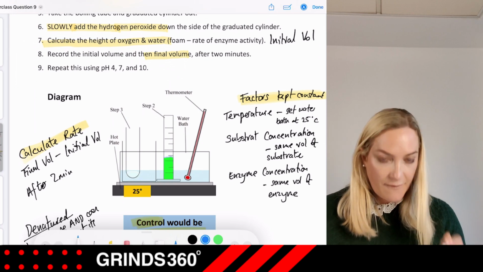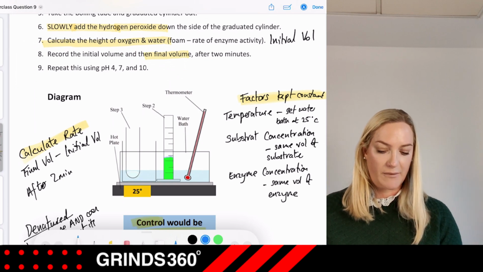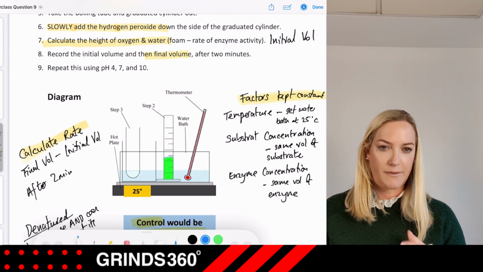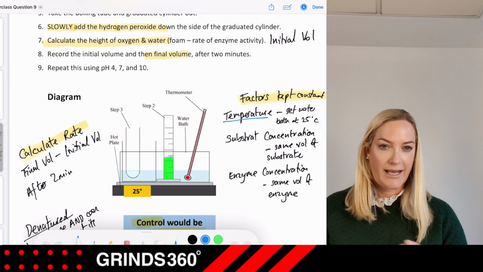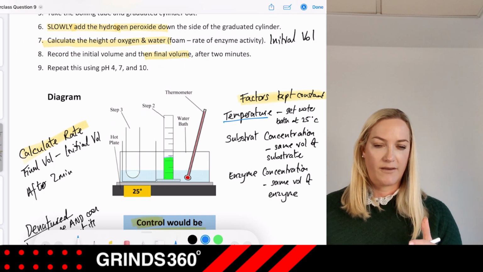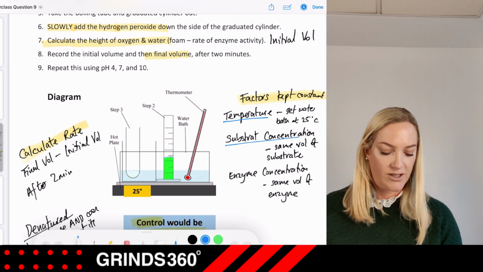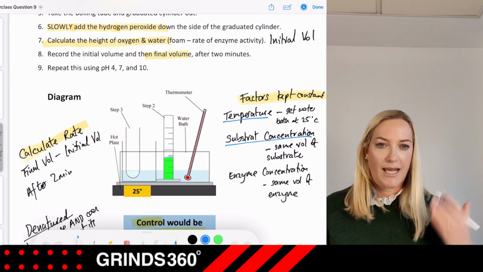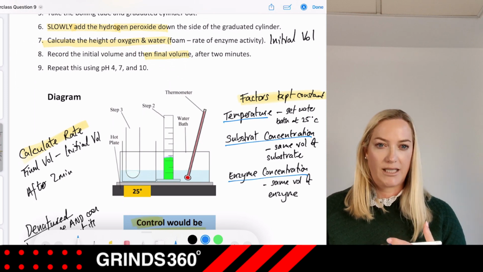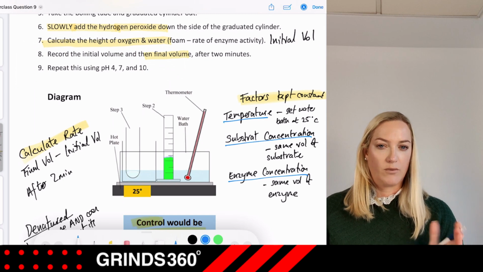So there are three factors in this experiment, investigating the effect of pH on enzyme activity of catalase, that we keep constant. Temperature, how? Water bath set at 25 degrees. Substrate concentration, how do we keep it constant? Same volume of substrate. Enzyme concentration, how do we keep it constant? Same volume of enzyme.